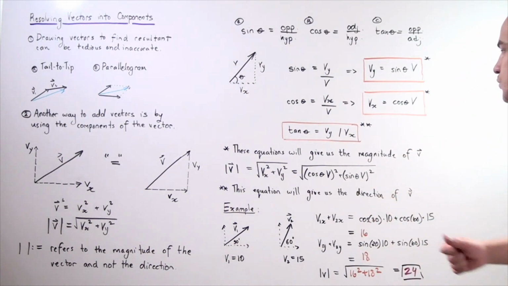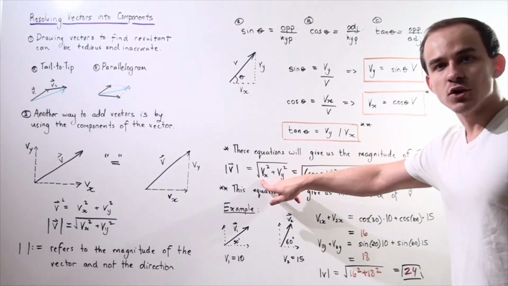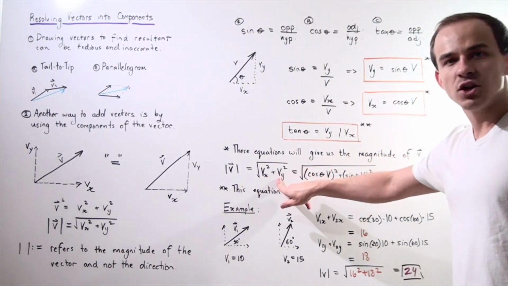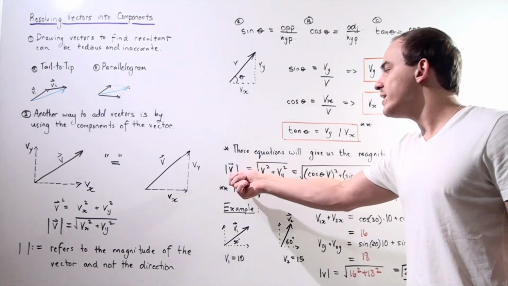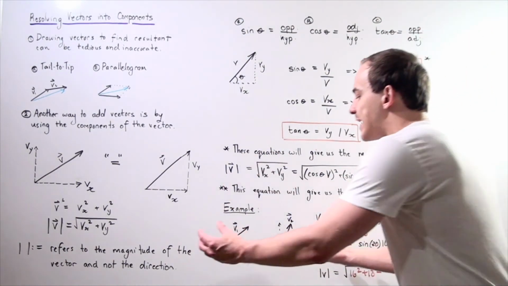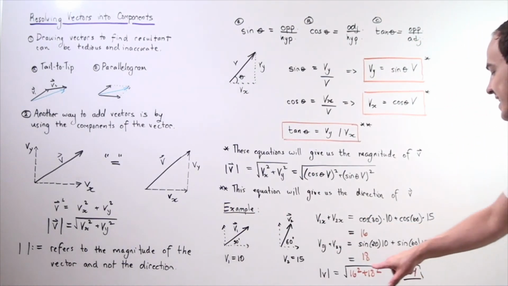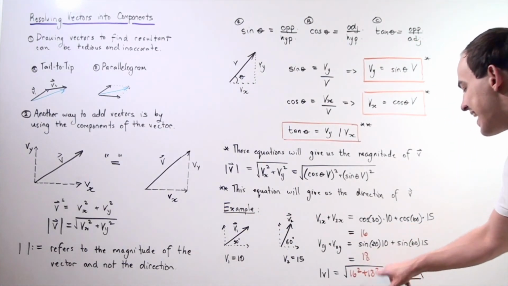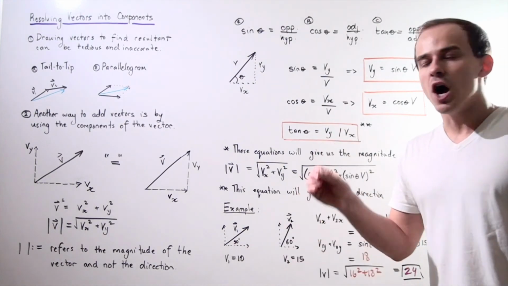Now we use this formula: the total along the x direction and the total along the y direction, we square them, add them, and take the radical, and we get the magnitude of the vector we get when we add V1 and V2. So, 16 squared plus 18 squared, take the radical, and we get approximately 24. So 24 is the magnitude of our vector.